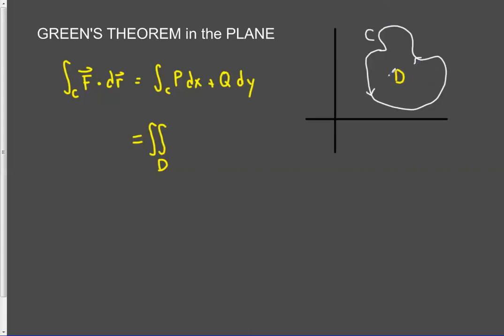So a double integral over that region of the derivative of Q with respect to x minus the derivative of P with respect to y. And this is a regular double integral that we've dealt with in multivariable calculus.